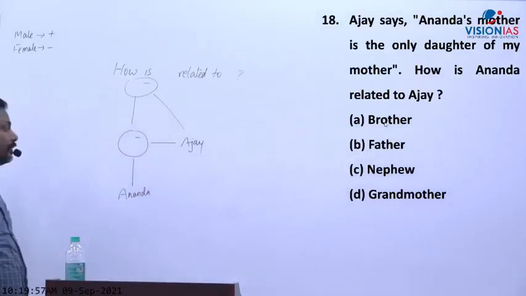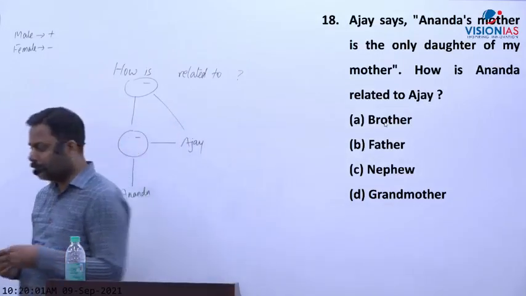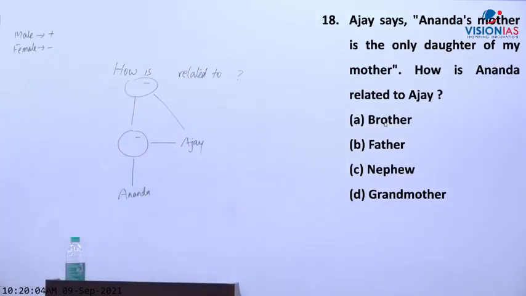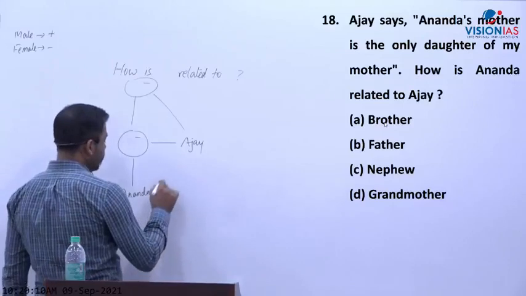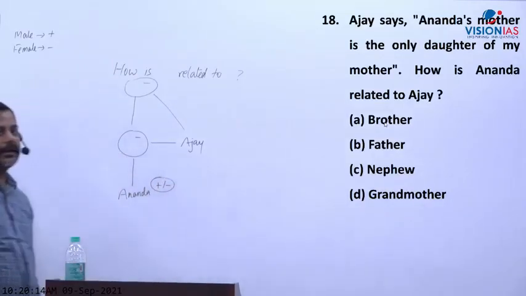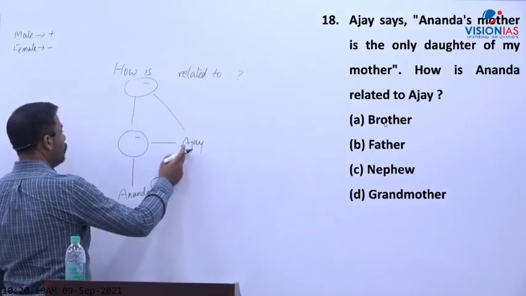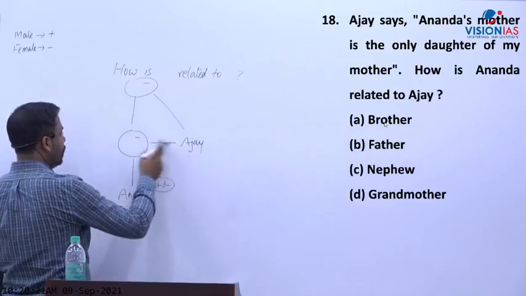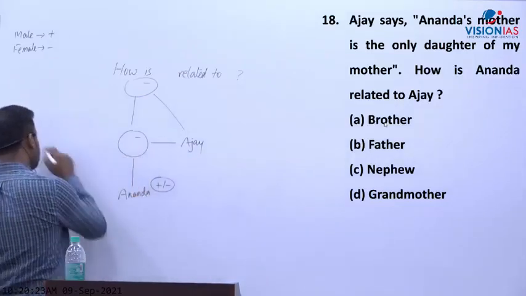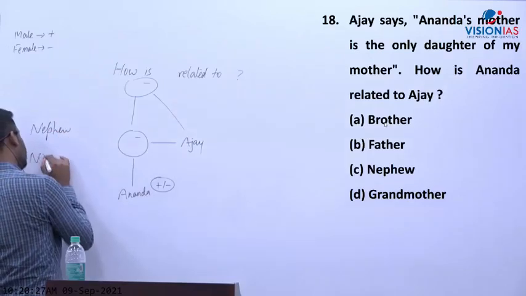Since the gender of Ajay and Anand is not known, whether male or female, the question is how is Anand related to Ajay? Anand can be male or female. If Anand is male, then Ajay's sister's son, which is nephew, and sister's daughter is niece.